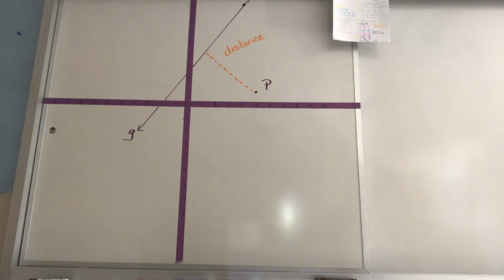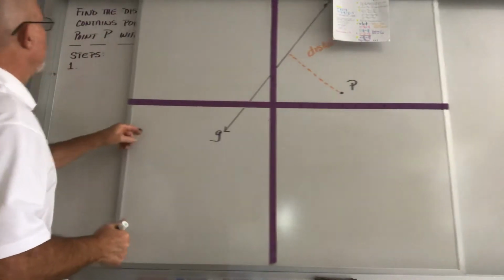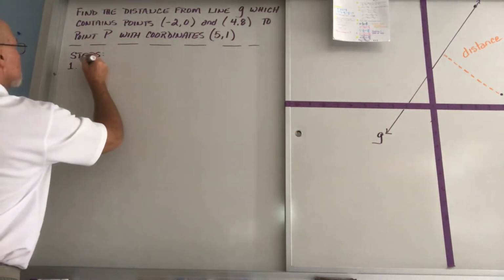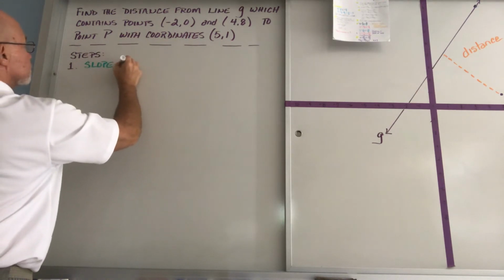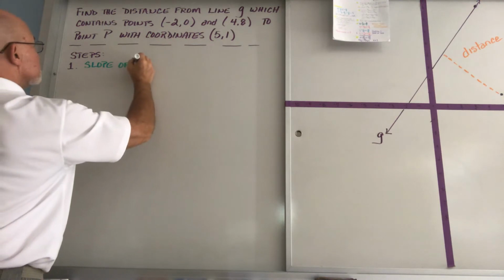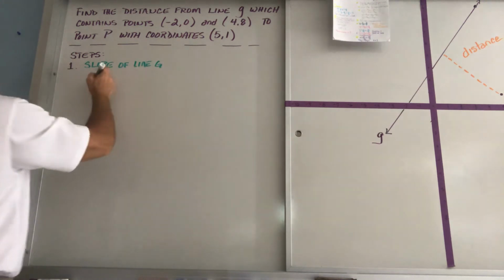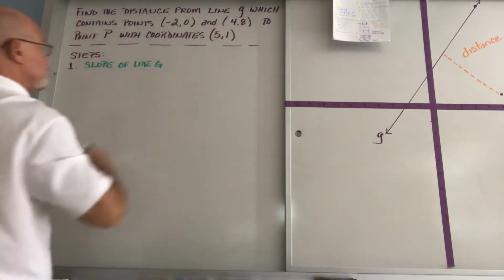So the first thing we're going to have to do is find the equation of line G. Well, the first thing we've got to do there is find its slope. Okay, so the points we're going to use, okay, are right there. Okay, x1, y1, x2, y2.